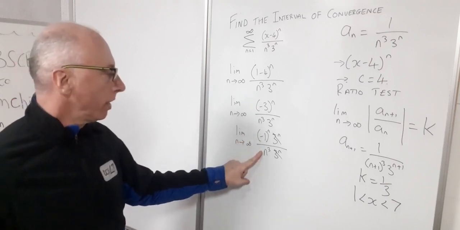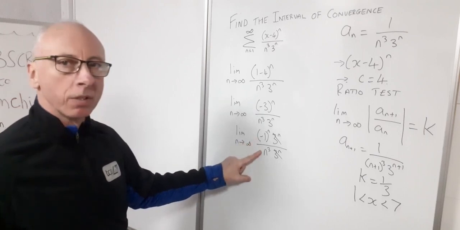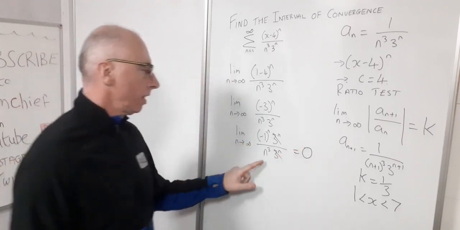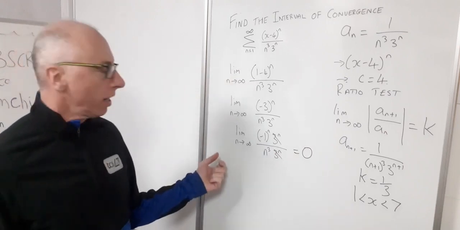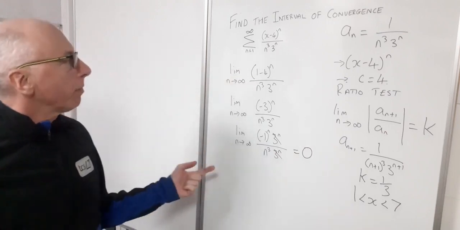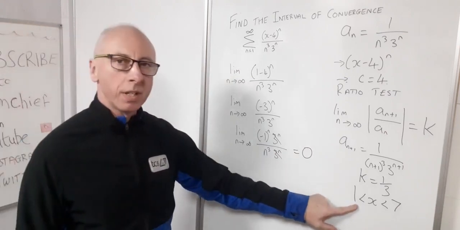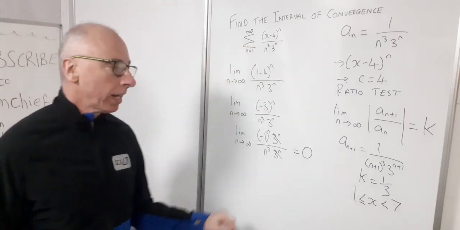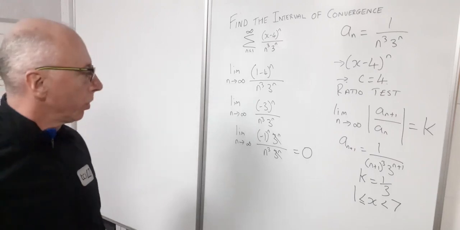Now by the alternating test, this will converge to 0. So as n approaches infinity, this will approach 0. So hence this converges. So that means we could include this endpoint. So we can put x is greater than or equal to 1.